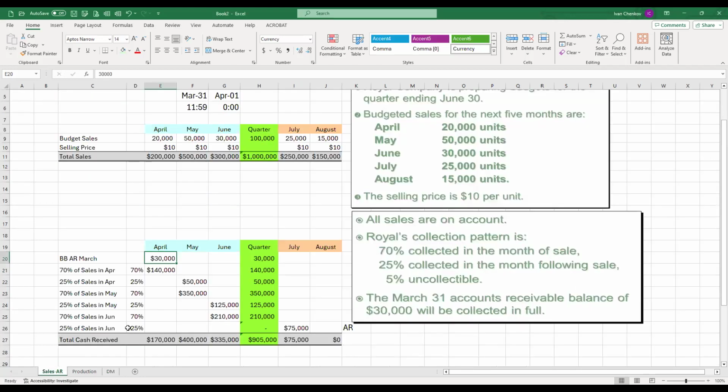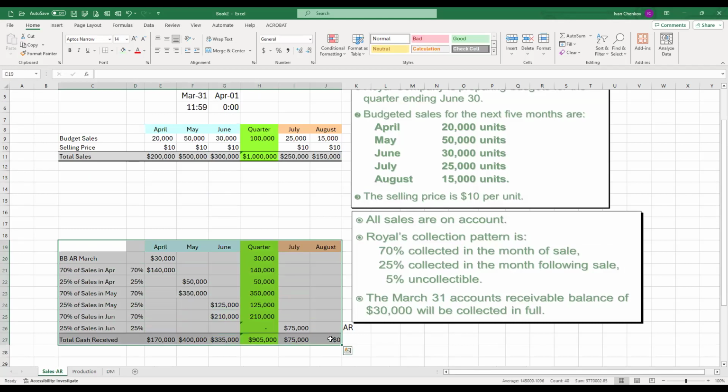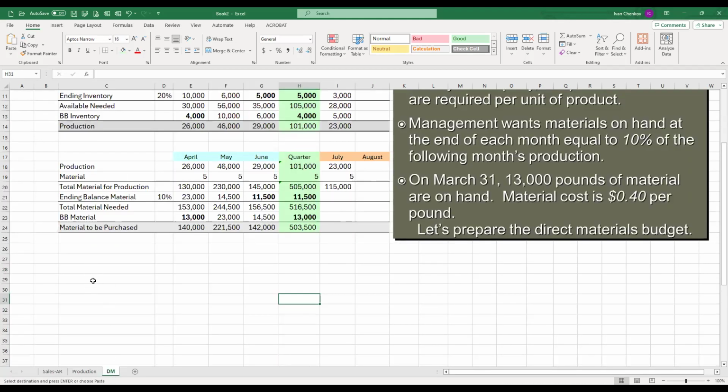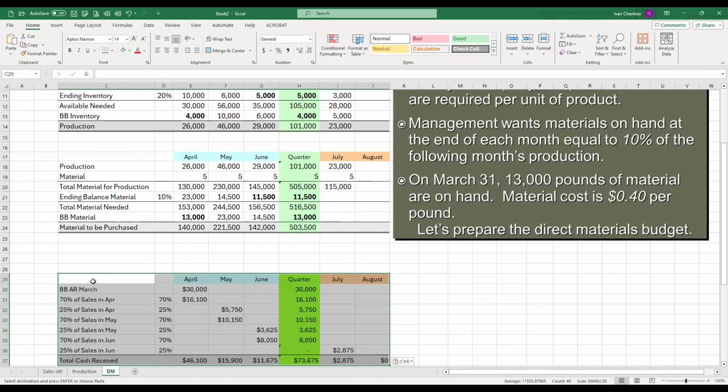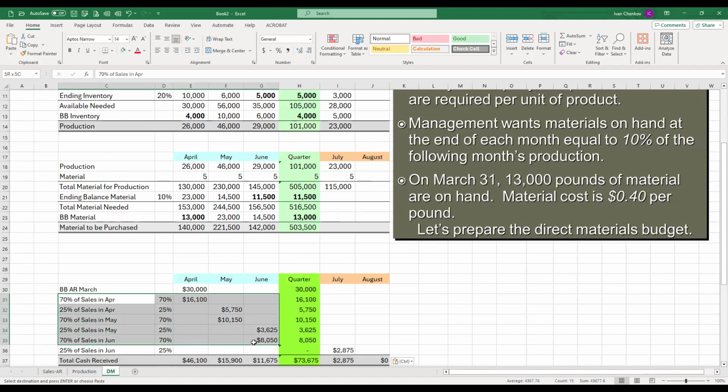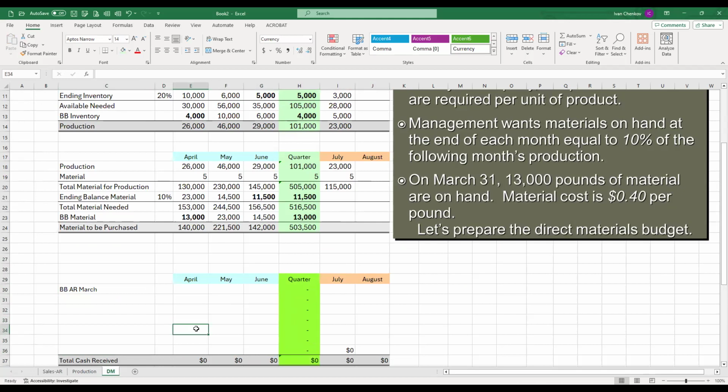So for the cost, since it's very similar, I'm gonna grab this part only and copy it, and I'm gonna flip it right here. And I'm gonna get rid of this and get rid of this.